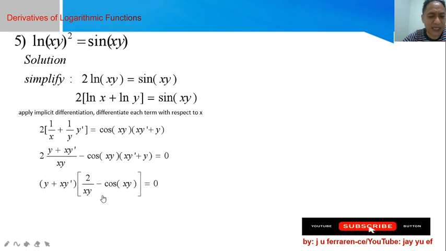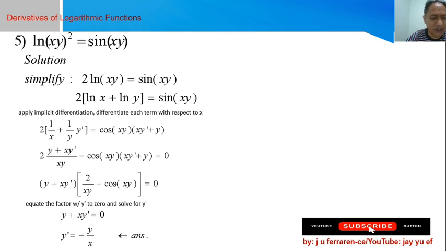In the second term, I have cosine of xy, equated to 0. Now again, the factor that contains the y prime is the one which will give you the derivative of your function. The other factor which is free from y prime will be disregarded. So y plus xy prime, equate that to 0, and you solve for y prime, then you obtain an answer.